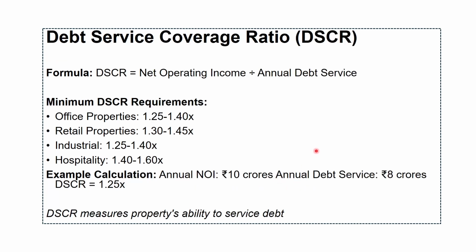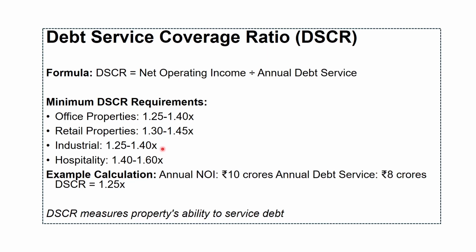Then we have the debt service coverage ratio, DSCR. DSCR is net operating income divided by annual debt service, basically measuring debt coverage. Commercial requirements are 1.25 to 1.40 for office properties, industrial 1.30 to 1.45x, and 1.40 to 1.60 for hospitality.